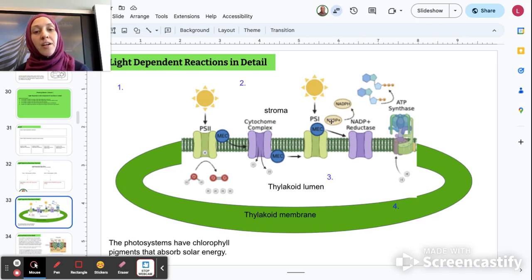So what is that work? Well, the enzyme NADP plus reductase is going to turn NADP plus into NADPH. So the electrons that were charged in photosystem 1 helped to produce NADPH, and the electrons charged in photosystem 2 helped us to produce ATP. So that is our light-dependent reactions.